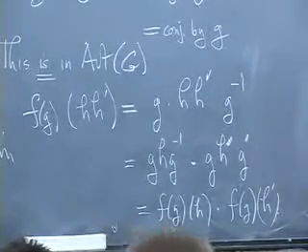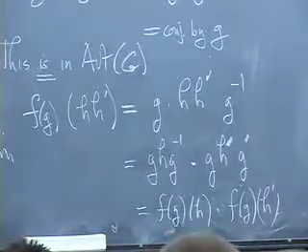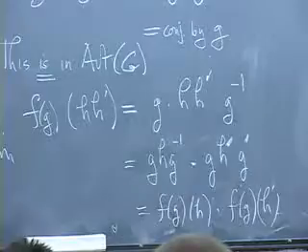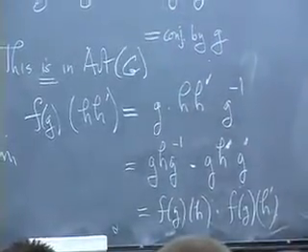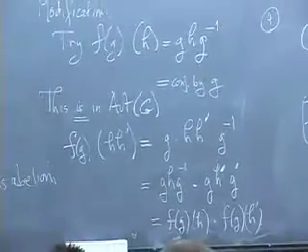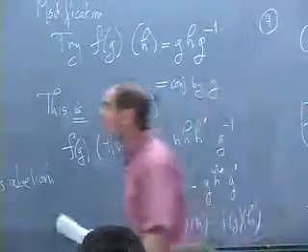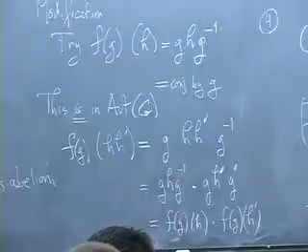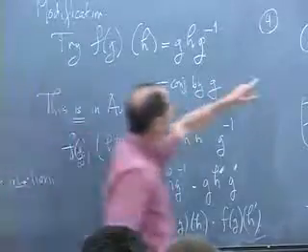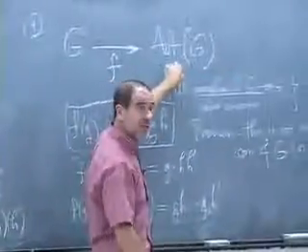So at least this thing is an automorphism of G, whereas the other wasn't. Now I have to check, and that's the second thing you have to check, that it's a homomorphism of groups. So at least I have a method of assigning to each element in the group an automorphism.